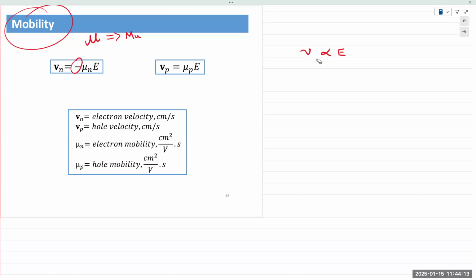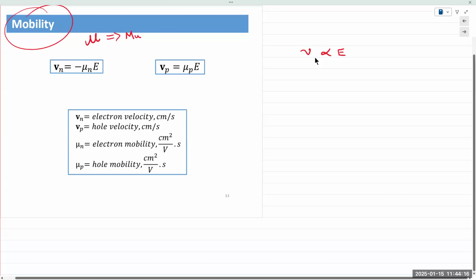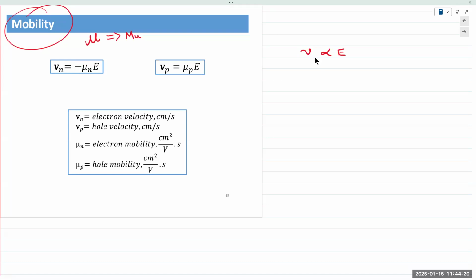So Vn is the electron velocity, Vp is the hole velocity, and mu n and mu p are the constants of proportionality that allow us to relate the velocity and equate it with the applied electric field.